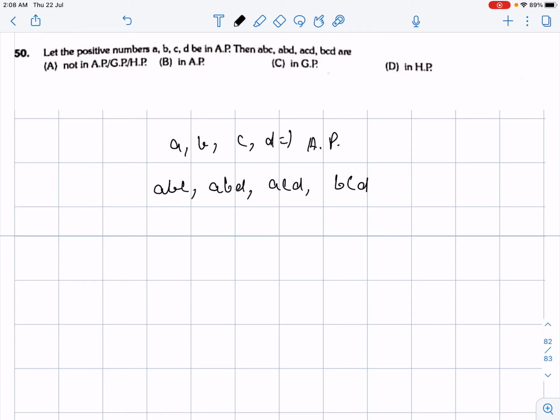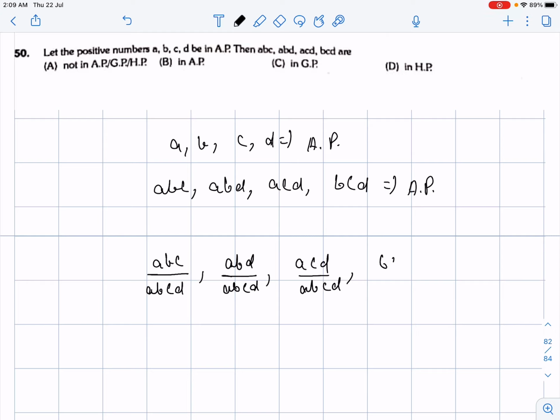So guys, whenever we have such type of question, you just assume that they are in arithmetic progression. And if they are in arithmetic progression, dividing throughout by abcd, I am going to get abc divided by abcd, then abd divided by abcd, then acd divided by abcd, then bcd divided by abcd.